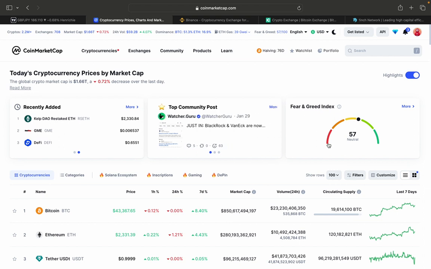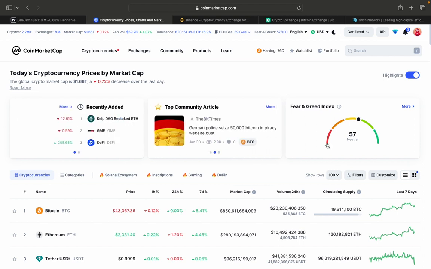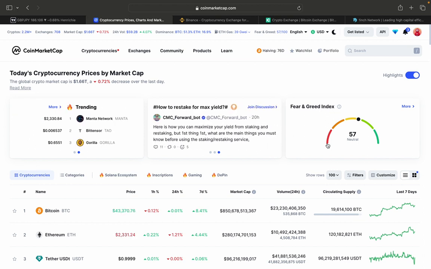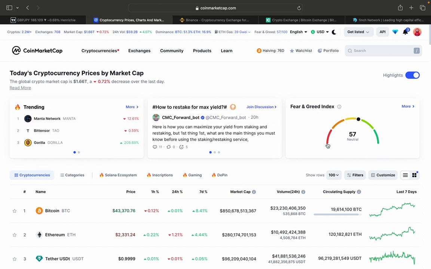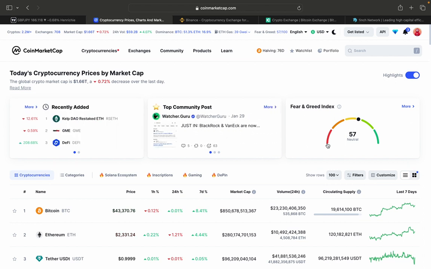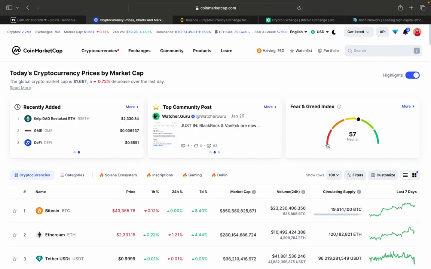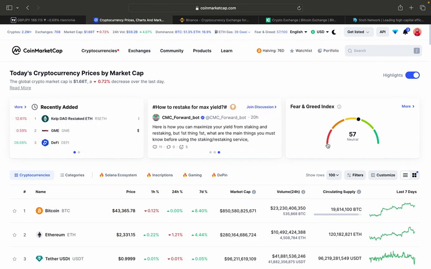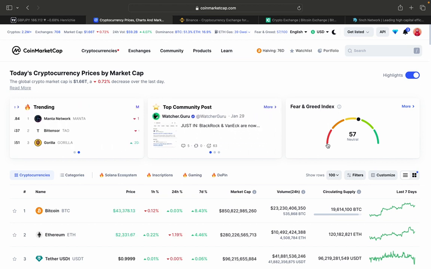Now, when people are extremely fearful, this is when the institutions are looking to get into the market. In as much as this is not 100% certainty that when you buy at extreme fear the market is going to rally, the market could still be in a bear market and the asset that you're holding could still be going down.